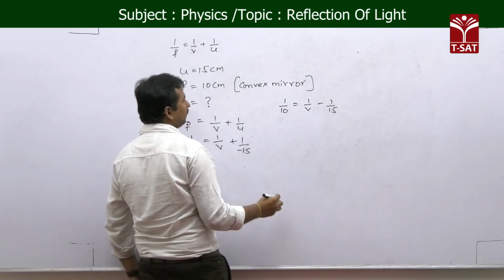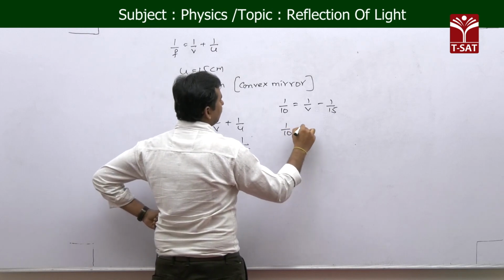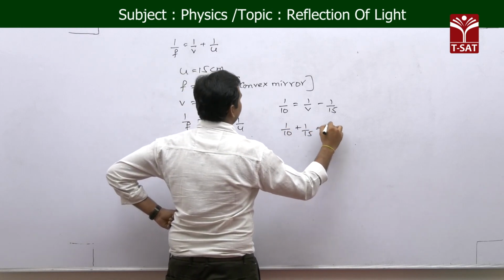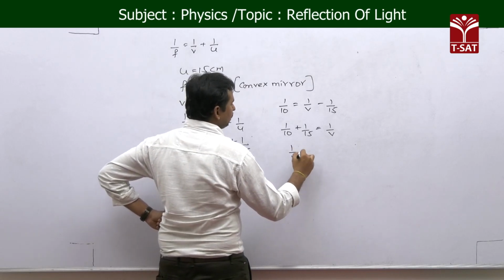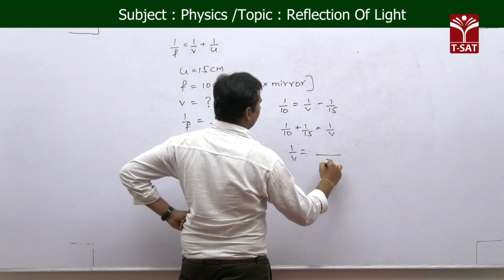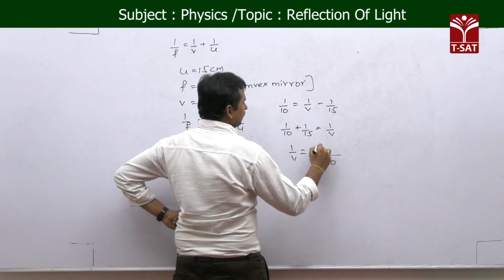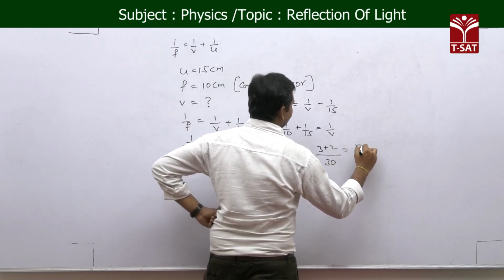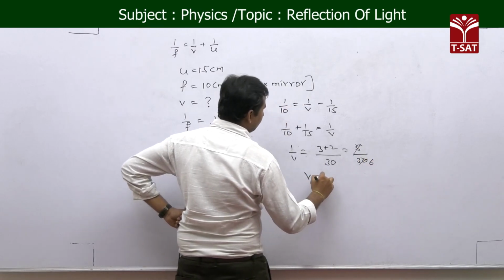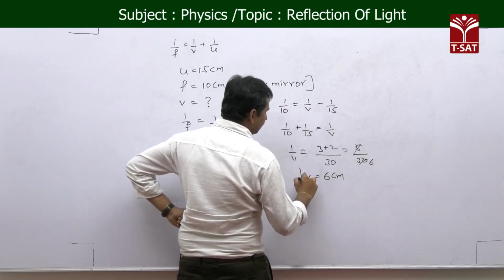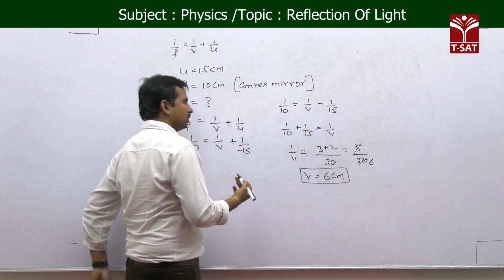Bring that 1 by 15 to this side: 1 by 10 plus 1 by 15 is equal to 1 by v. The LCM of 10 and 15 is 30, so 3 plus 2 becomes 5 by 30, which is 1 by 6. Then v is equal to 6 centimeters.